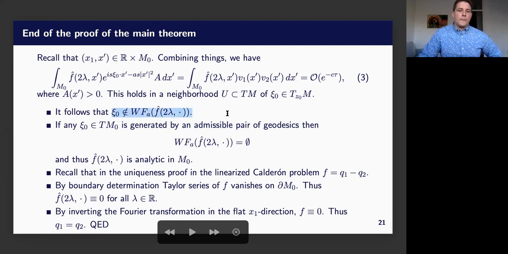Now, if all of these vectors psi0 on the tangent bundle of the transversal manifold are generated by admissible pairs of geodesics, then it follows that the analytic wavefront set of f is empty. That is equivalent to saying that f hat 2 lambda is analytic, where this dot belongs to the transversal manifold, which was M0.